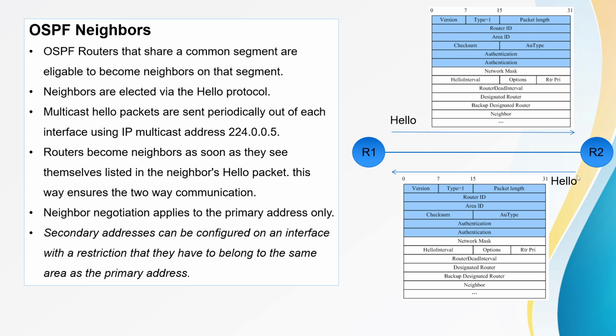When R2 sends its hello packet out to R1, R2 puts R1's router ID, which it just received, into the neighbor field of the hello packet, then sends this hello packet to R1. When R1 receives this hello packet, R1 checks the neighbor field. If R1 sees its own router ID in the neighbor field, R1 knows R2 is its neighbor for sure.